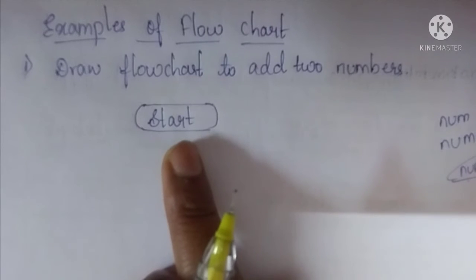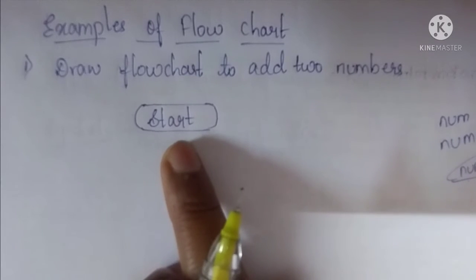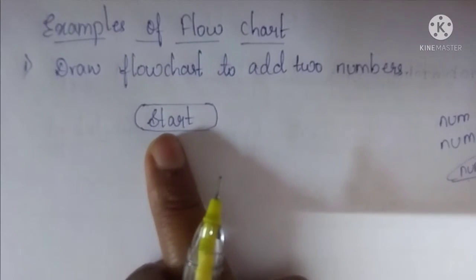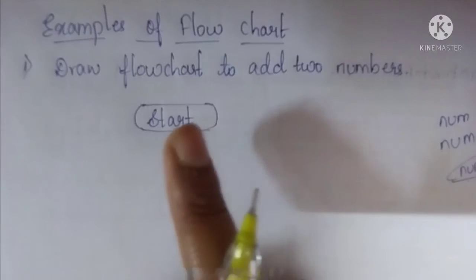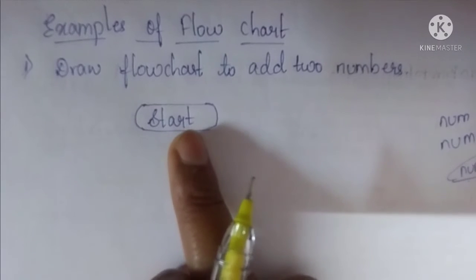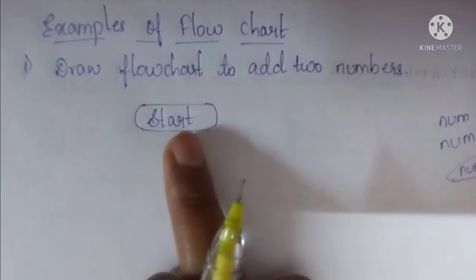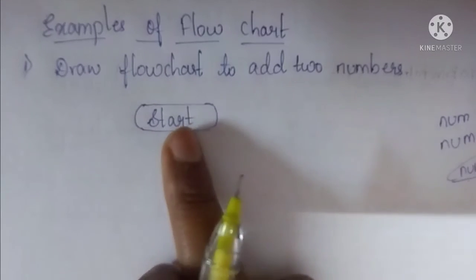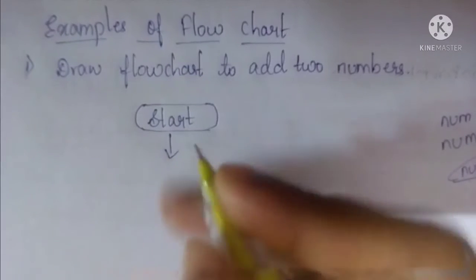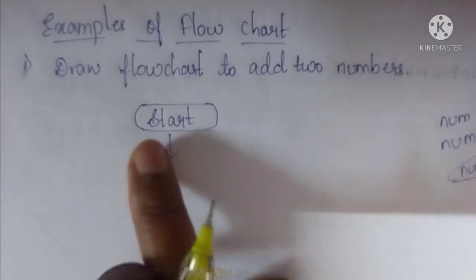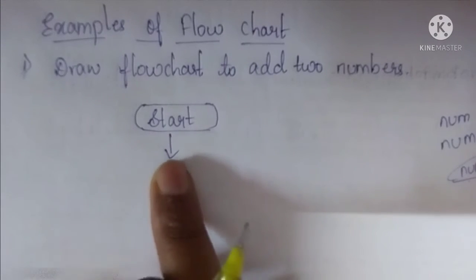In the similar way, in the flowchart also, first we write the start, but we write the start inside one symbol. What is that symbol we are using? Terminal symbol. First I have started. Next, this is a flow line. To connect one symbol to another symbol, we have to use the flow line.